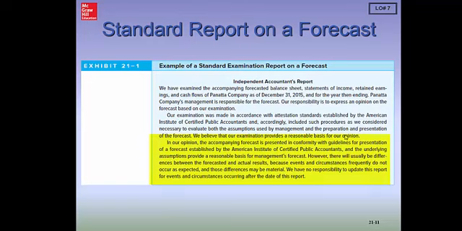And again, the standards are the AICPA standards and the underlying assumptions. The limitation of this is, however, there will usually be a difference between the forecasted and actual results because events and circumstances frequently do not occur as expected.